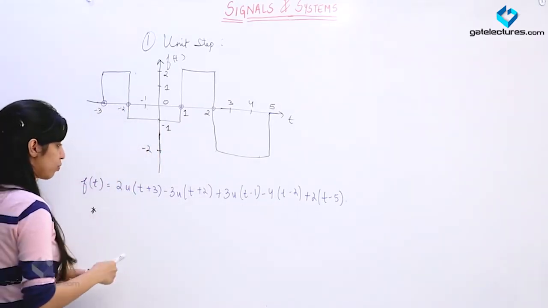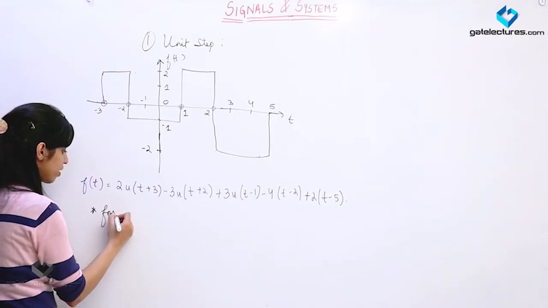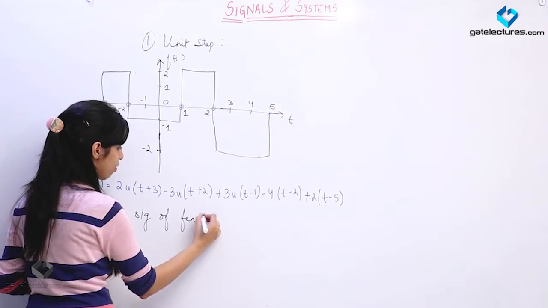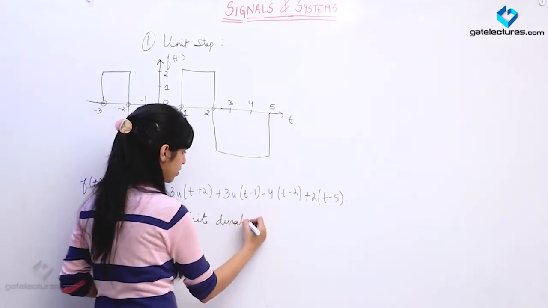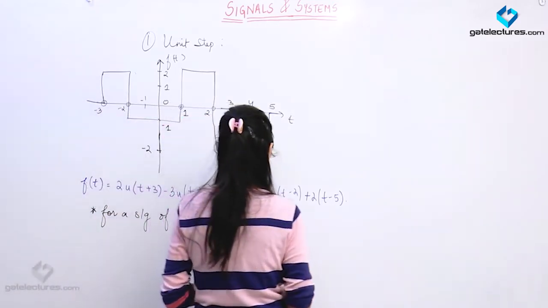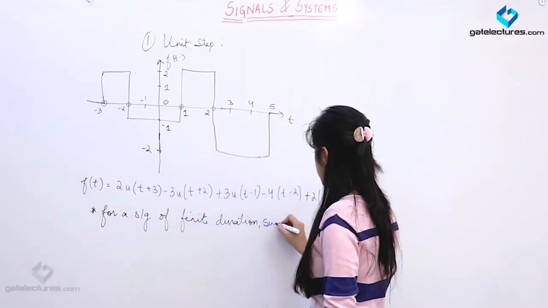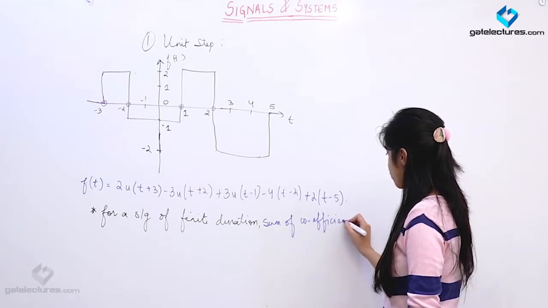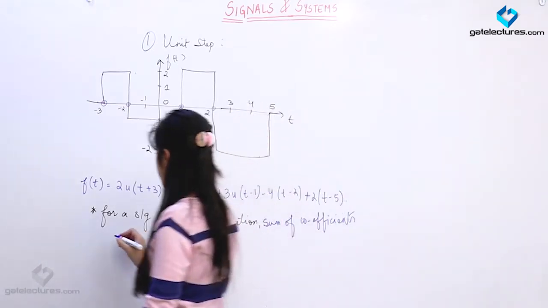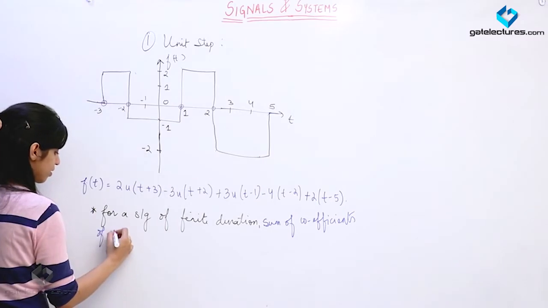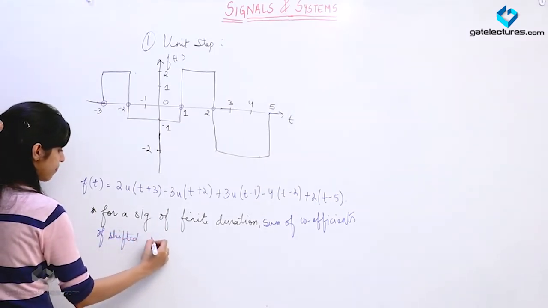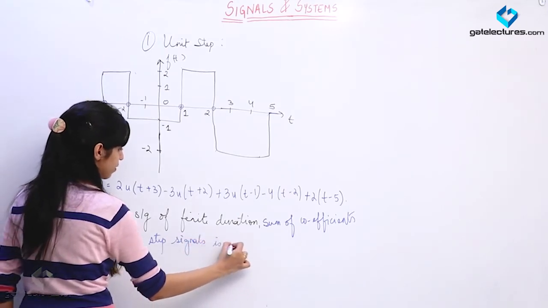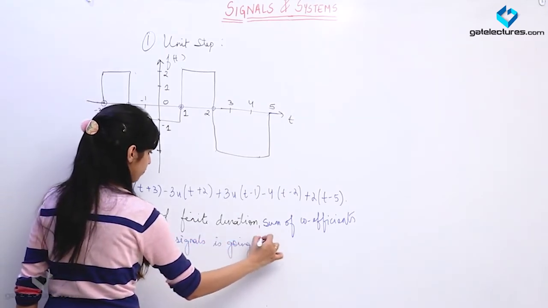So what we can note here is, for a signal of finite duration, the sum of coefficients of shifted step signals is going to be 0.